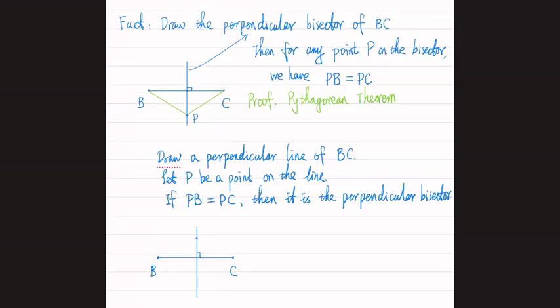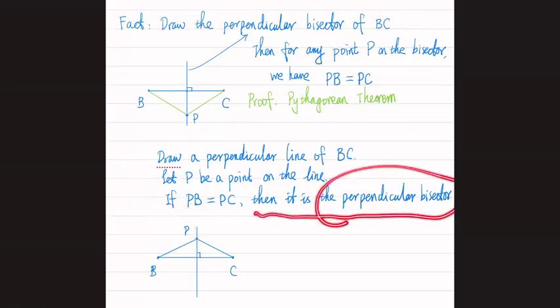Pick a point. If its two segments have the same length, then it must be the perpendicular bisector. Okay, why? Why must it be the perpendicular bisector if these two have the same length?